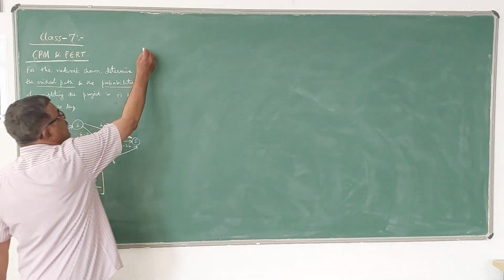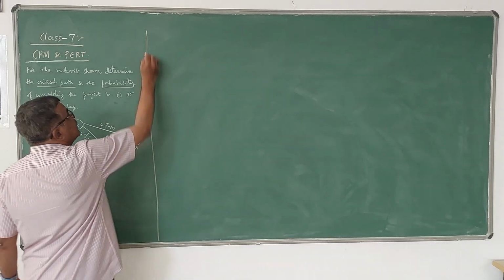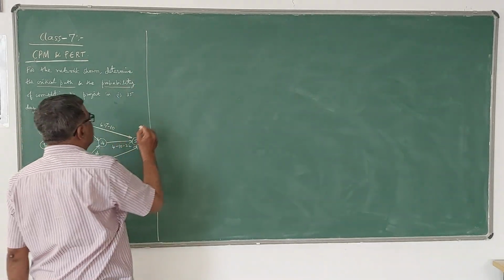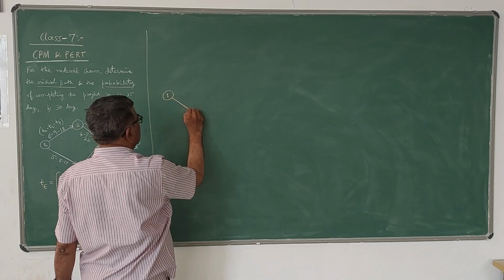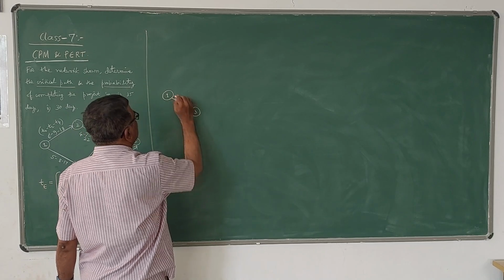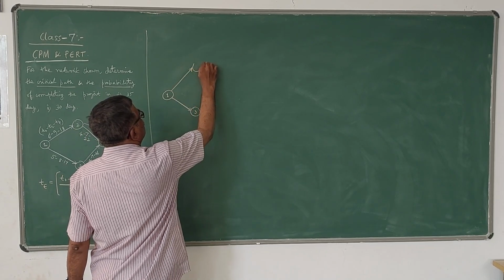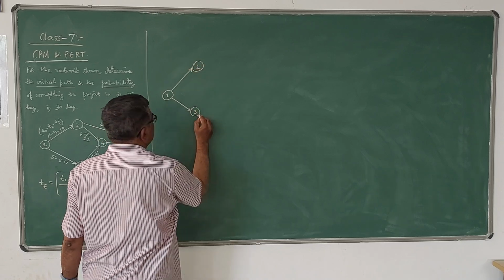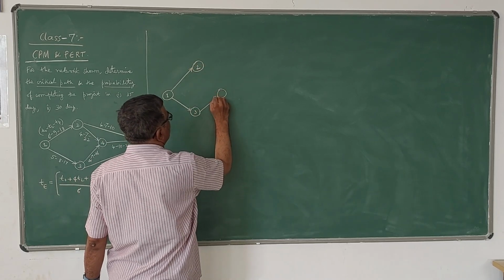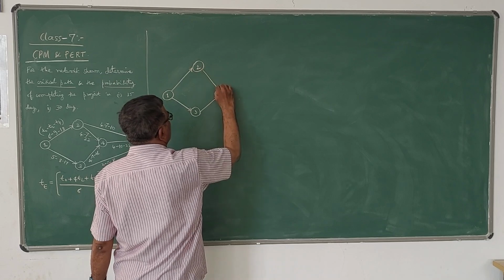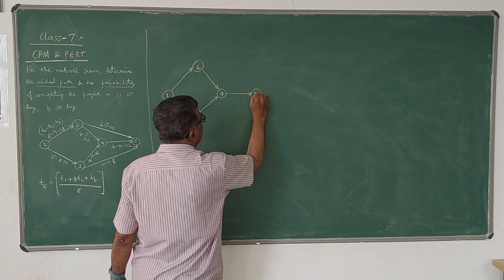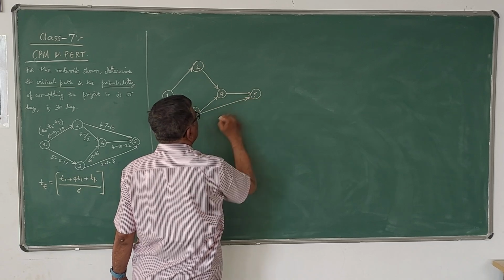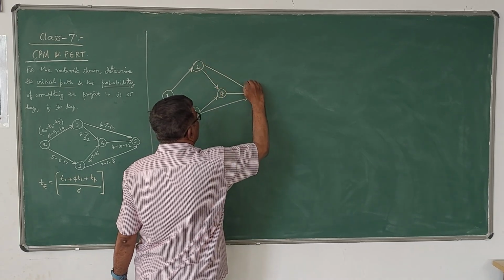Now let me write the diagram once again, because I want the TE values. So 1 to 3, then 1 to 2, then 3 to 4, then 2 to 4, 4 to 5, 3 to 5, then 2 to 5.